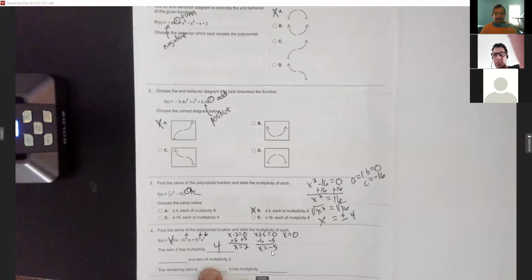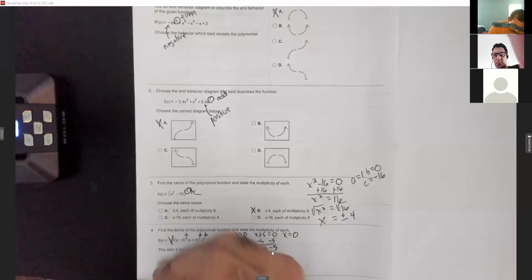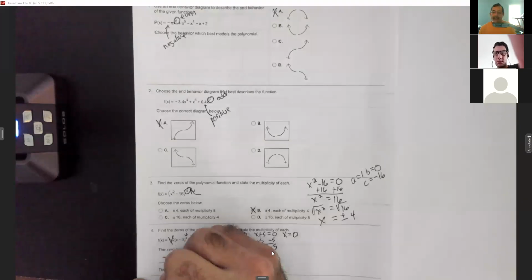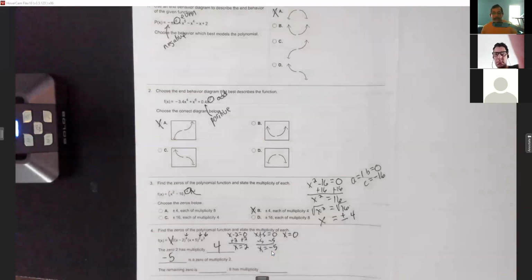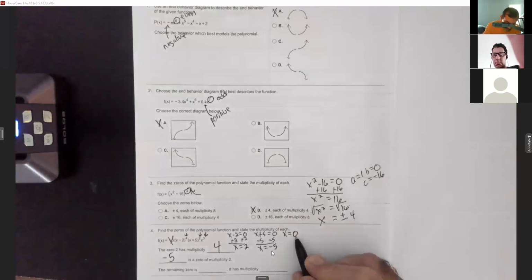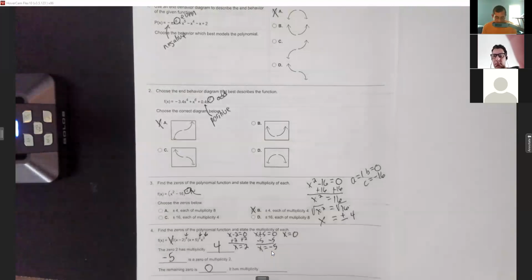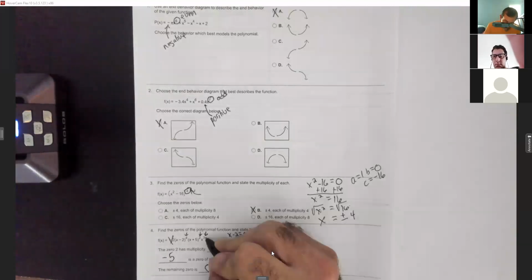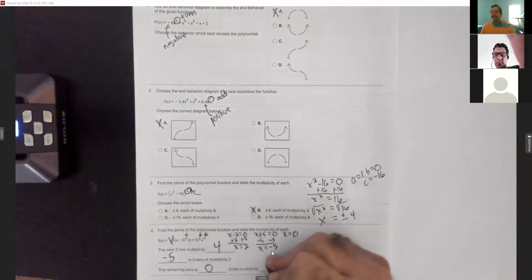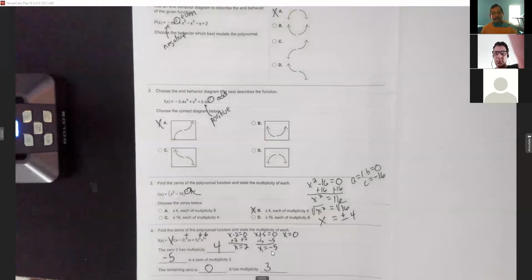And when I solved that, my 0 was negative 5. And then it says the remaining 0 is 0, and that one had a multiplicity of 3. So when it's a single variable, the multiplicity is equal to the exponent. When it's in factored form, the multiplicity equals those exponents outside those parentheses.